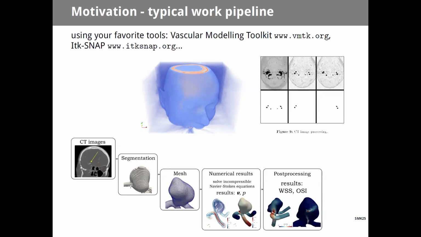So looking for these aneurysms. Then you have to do some step which is called segmentation. So from these images, you want to separate the object, let's say the aneurysm where the flow happens.